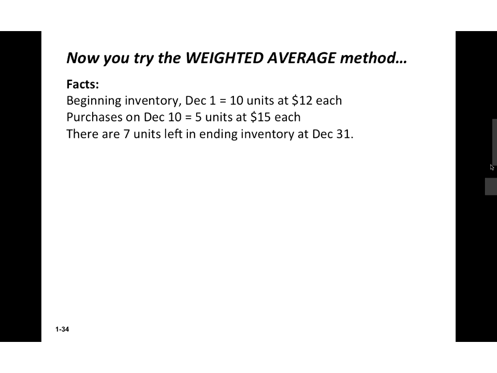Write the 195 off to the side. That's your total cost of goods available for sale. That doesn't change no matter what method we're using. That 195 is going to be the answer this morning every time I ask you for this set of facts. What's the cost of goods available for sale? It's 195. Okay, so let's do this. First question though. How many units were sold in December?